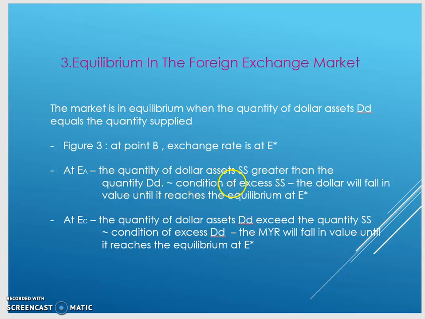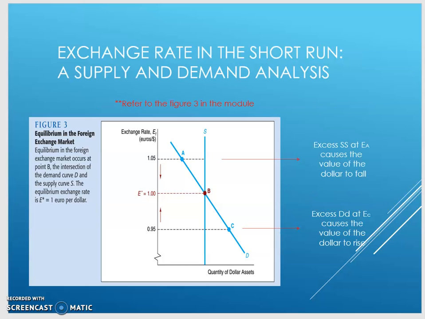Under conditions of excess supply, the dollar will fall in value until it reaches the equilibrium at E star. This shows the excess supply at EA causes the value of the dollar to fall until it reaches the equilibrium at point B.